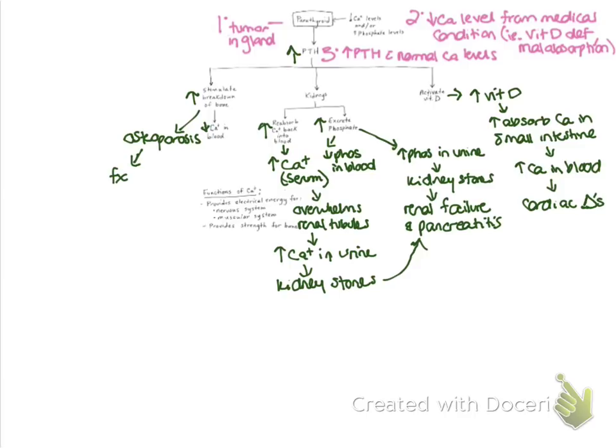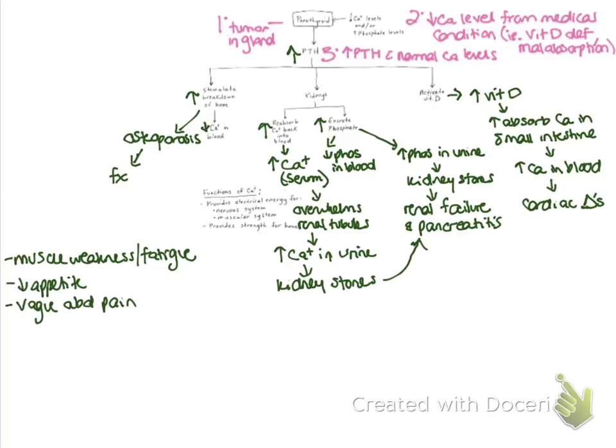So hypoparathyroidism, low calcium. Hyperparathyroidism, high calcium. So some of those symptoms of high calcium are muscle fatigue and weakness, decreased appetite, vague abdominal pain. They get constipated, have emotional disorders, shortened attention.